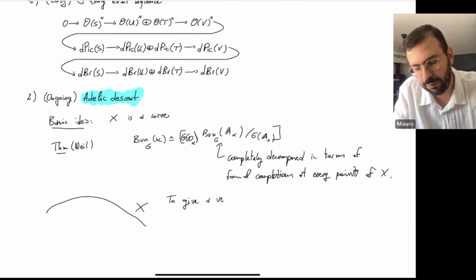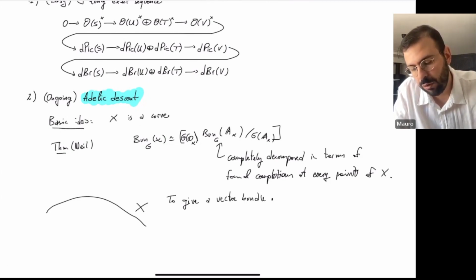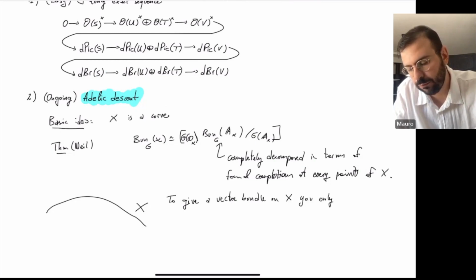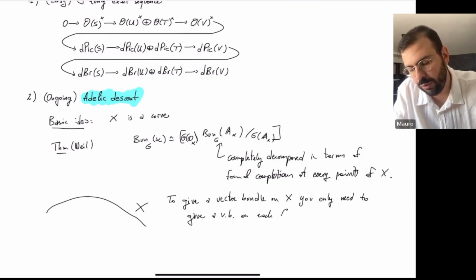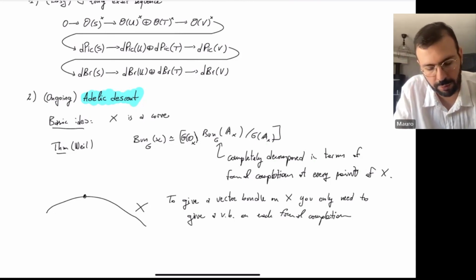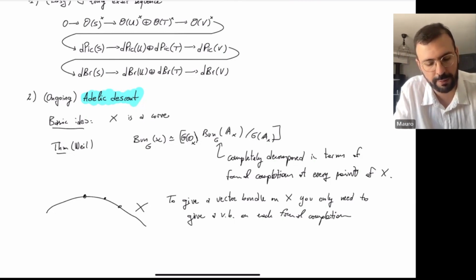vector bundle or a G-bundle on X, you only need to give a vector bundle on each formal completion. So every point you formally complete, but that's easy because it always gets to be like this.